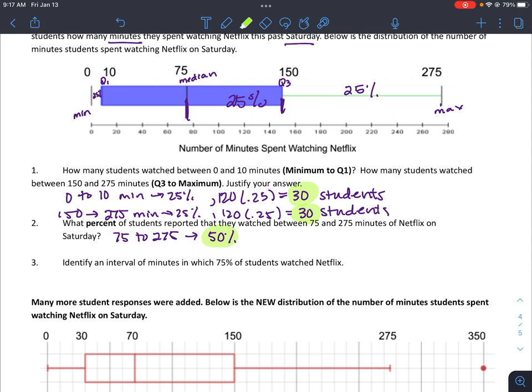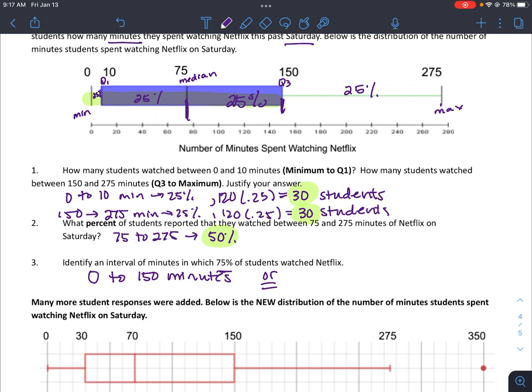All right, identify an interval of minutes in which 75% of the students watched Netflix. So there's 2 possible. Remember, I want 75% of the data, and each block here is 25. So we could do 25, 50, 75. So it could be 0 to 150 minutes.